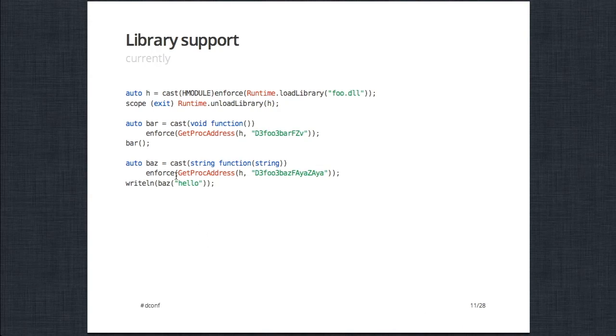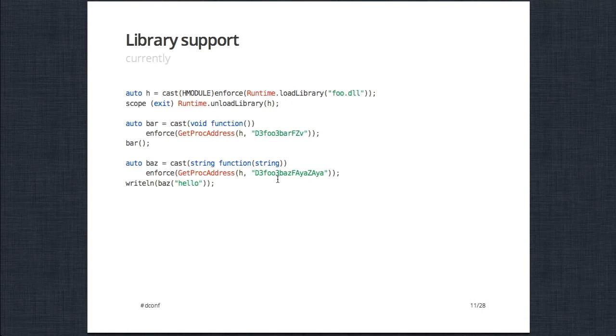Then you can call GetProcAddress on it, so you can get the address of a function, and then you can call the function if you want to. You have to cast the function.